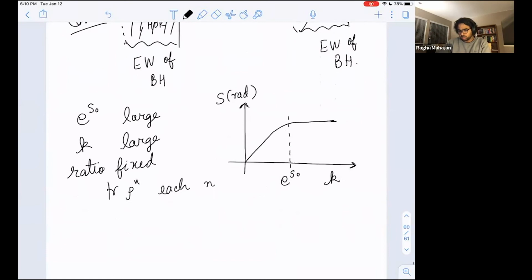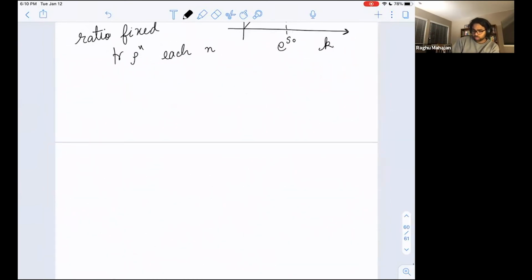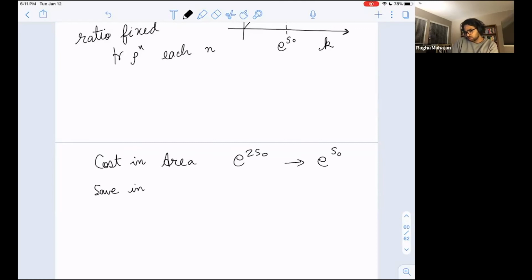The point again is the competition between the cost in area, which is penalizing you. If you include the island, you go from e to the 2s naught weighting to e to the s naught weighting, but you save in entropy, in s matter, because you go from k to k squared. And at some point it becomes beneficial to switch to the k squared if k is too large.